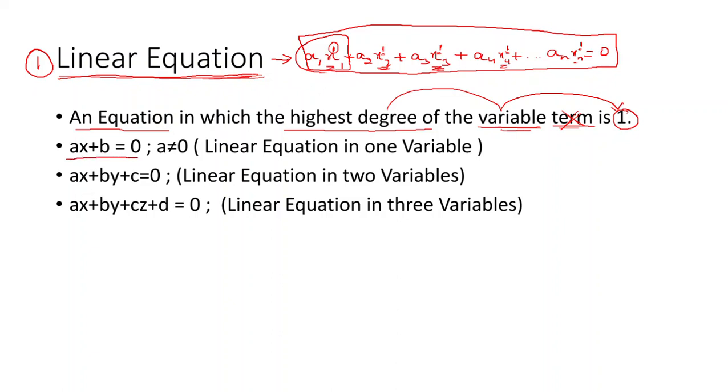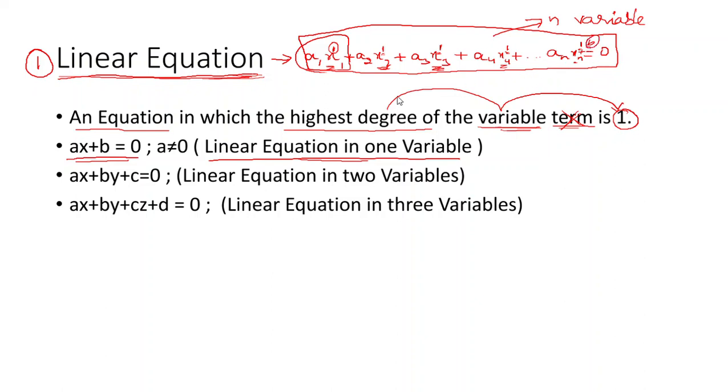Ax plus b is equal to 0 is a linear equation in one variable. Here we have n variables. Here we also have a constant.